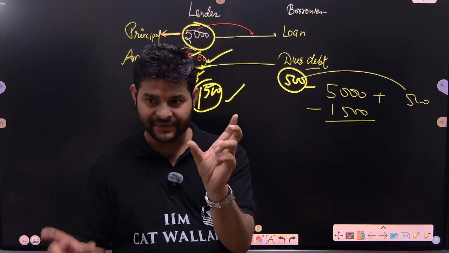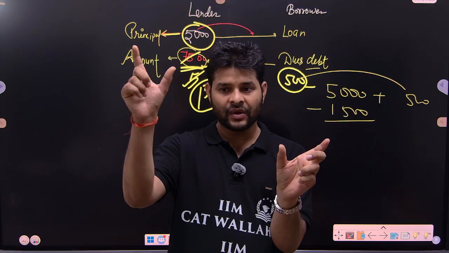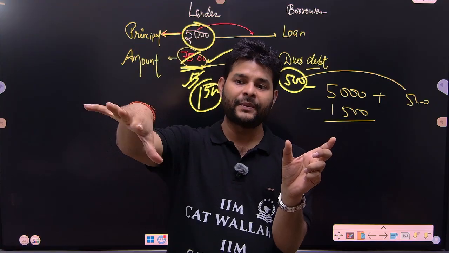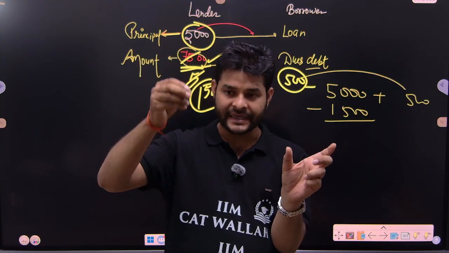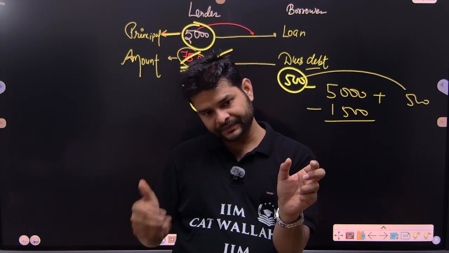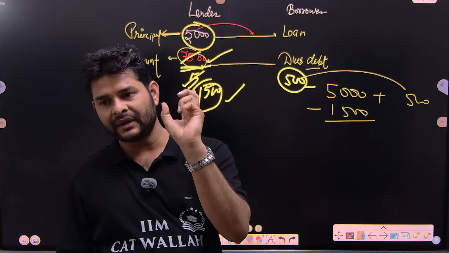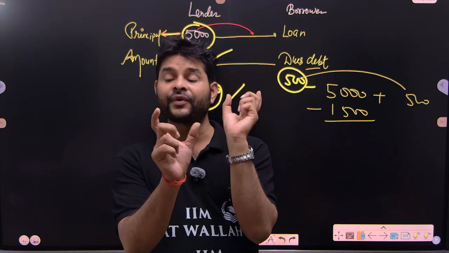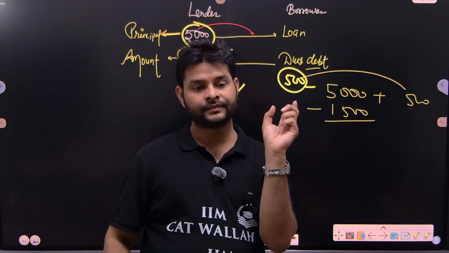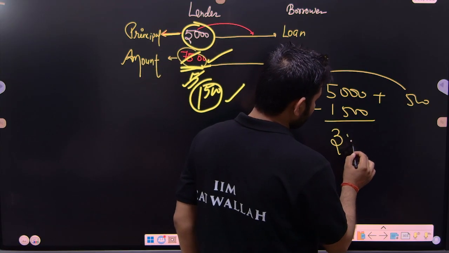This is the biggest difference between SI and CI you need to mention. In SI, whatever installment is paid, it is directly deducted from principal. And in CI, whatever installment we pay, it is directly deducted from the amount.